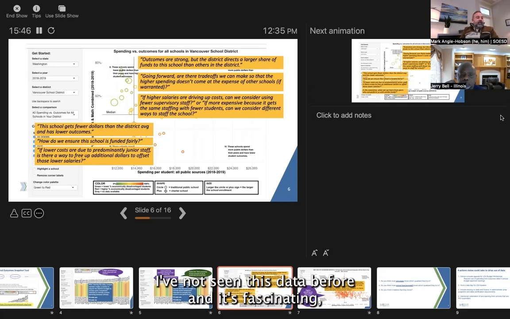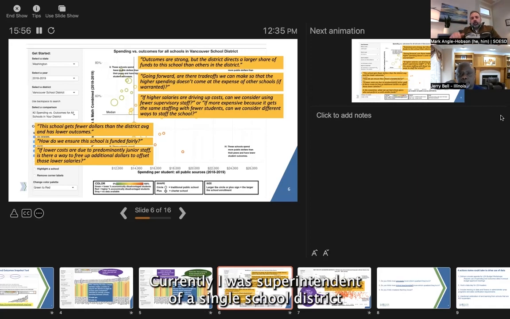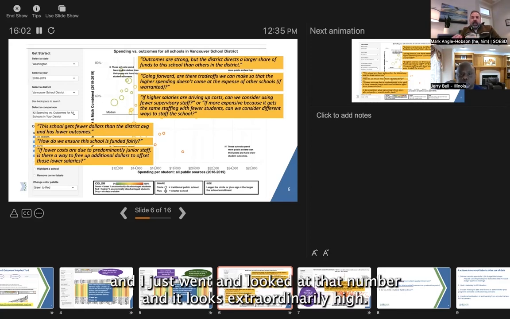Yeah, I've not seen this data before, and it's fascinating, but it would have to be used really carefully and in context. Prior to my current position, I was superintendent of a single school district. I just went and looked at that number, and it looks extraordinarily high.